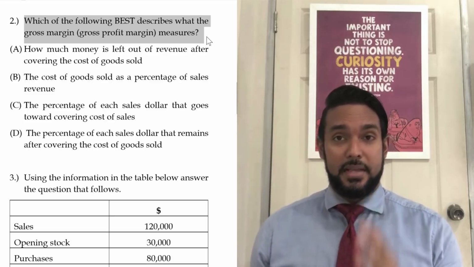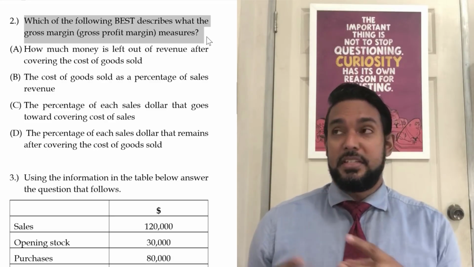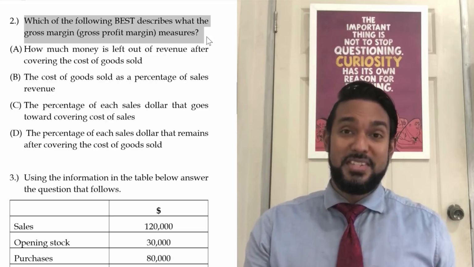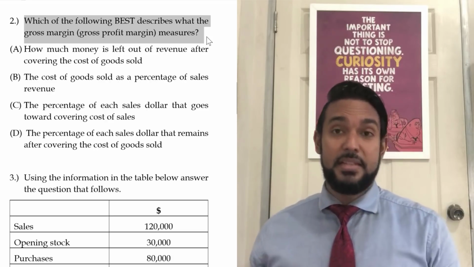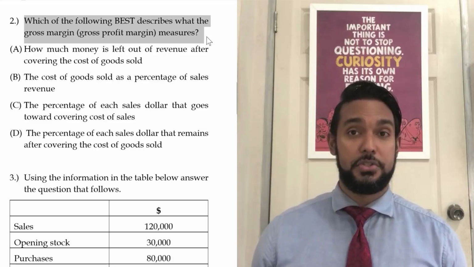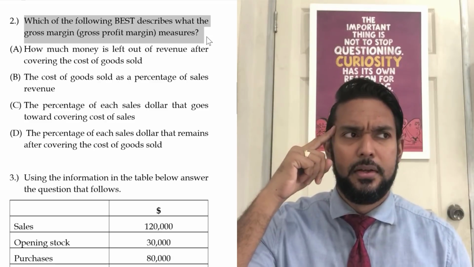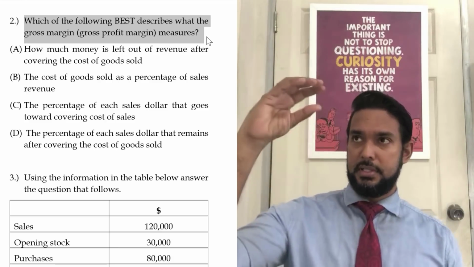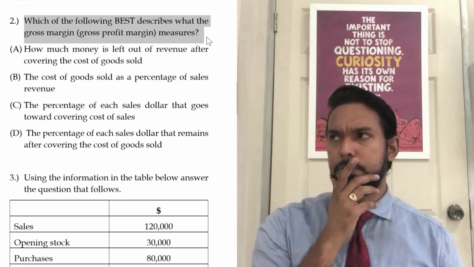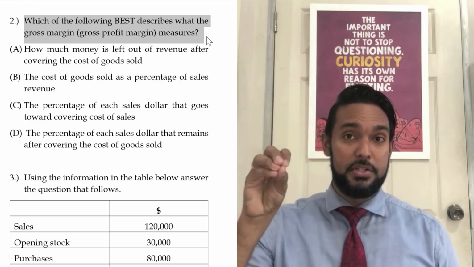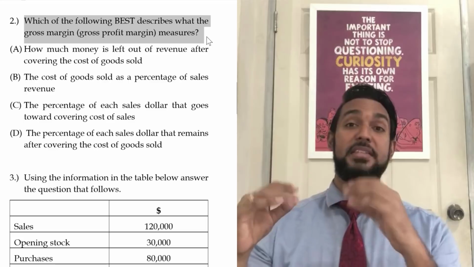Well, it means that 20% is the proportion of every sales dollar that remains after subtracting your cost of goods sold. Let's think about that. How do we find gross profit? Net sales minus cost of goods sold. So we're taking away cost of goods sold from net sales, and what remains is gross profit.